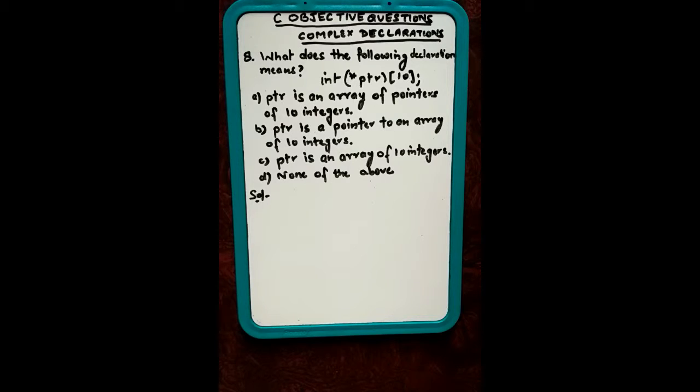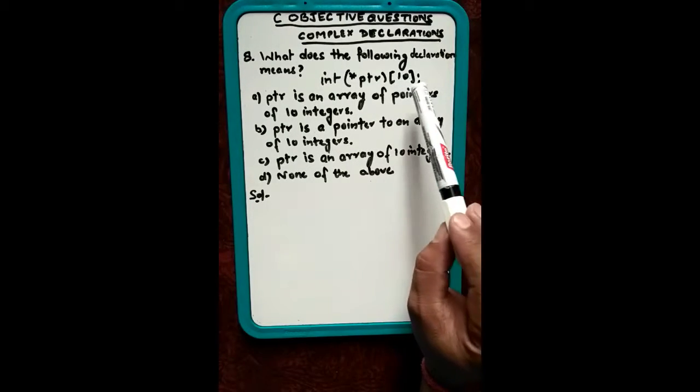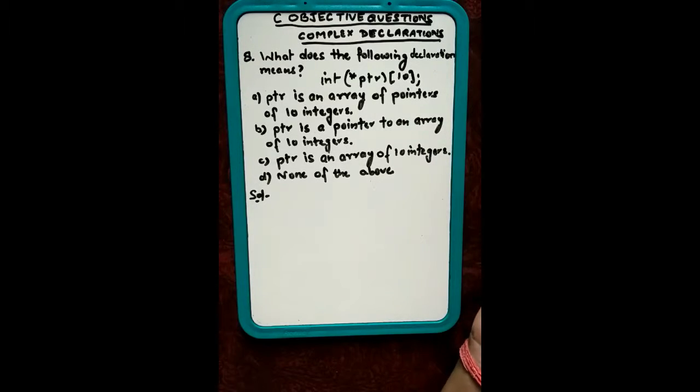The declaration given is int *ptr[10]; The options are: the first option is ptr is an array of pointers of 10 integers. Second, ptr is a pointer to an array of 10 integers. Third, ptr is an array of 10 integers, and the last option is none of the above. So try to solve this particular question.